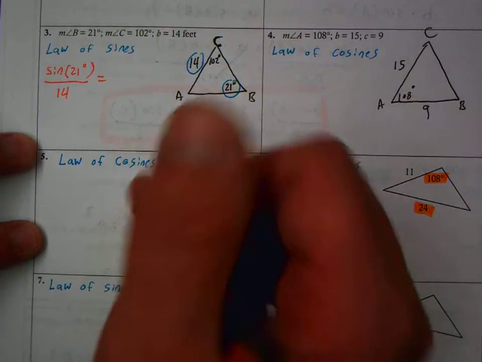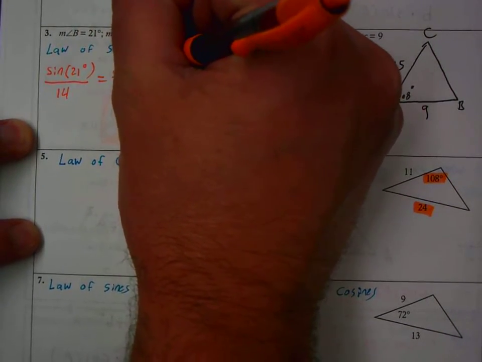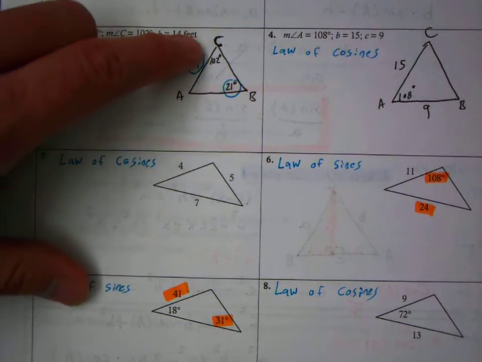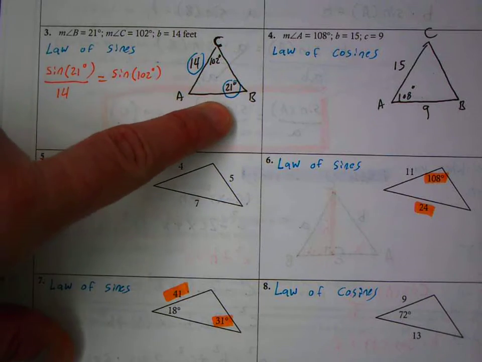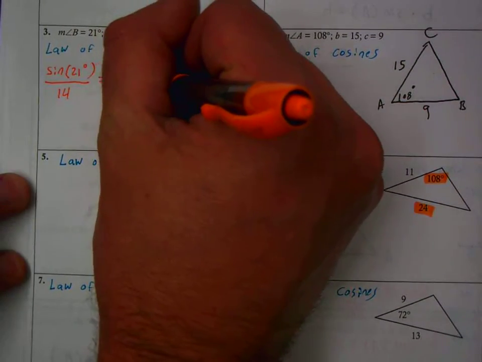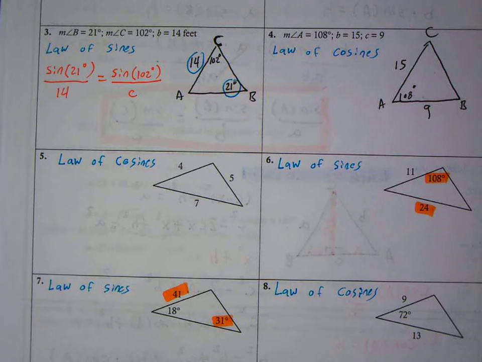So I'm going to put sine of 102 over, what's across from 102? Little c. Yeah, good. And then I can use that equation to solve for little c. And I'll show you that tomorrow. This is going to work way better. I'm glad I made this decision. Let's go to the next law of sines while we're on the roll.